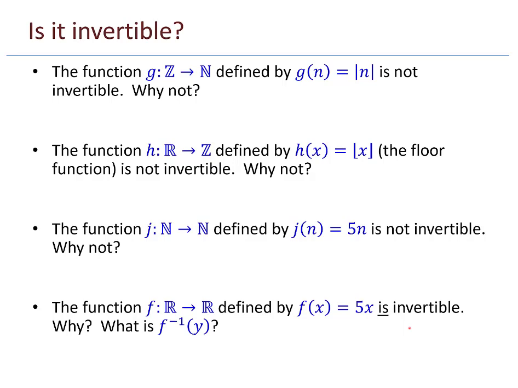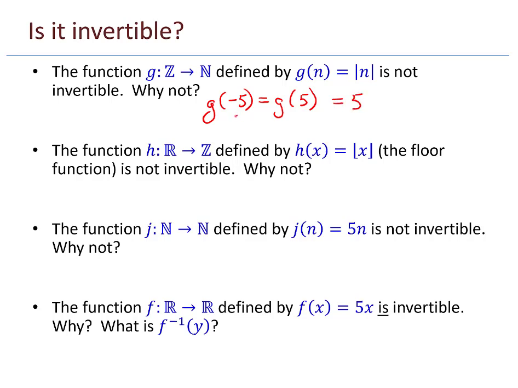Let's take a look at the first one. The function g, from the integers to the natural numbers, defined by g of n as the absolute value of n, is not invertible. How about a quick example? How about g of -5 equals g of 5? Because they're both the same. The absolute value of 5 is 5. They both equal 5.